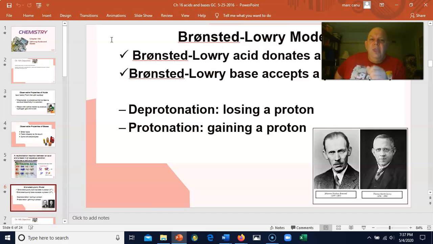Now, a Bronsted-Lowry acid donates a proton, a hydrogen plus. You'd say, but wait a minute, you got an H plus. Now, am I remembering off the periodic chart, that's hydrogen, right? And that plus means it lost an electron, right? Yep. But why do you call it a proton at that point?